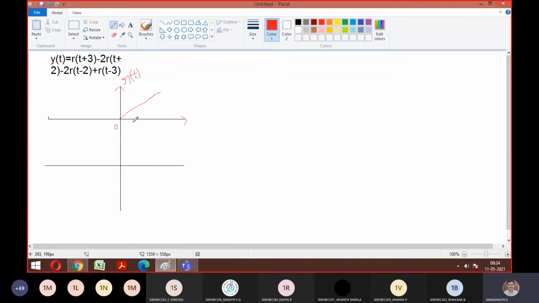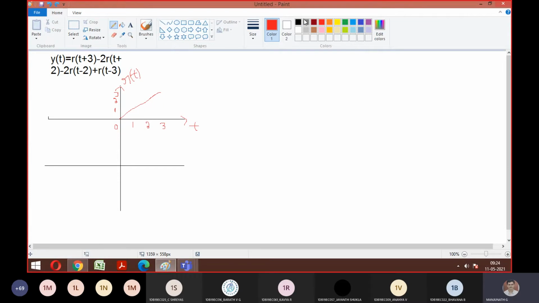With respect to time, the corresponding duration is equal to the corresponding amplitude. If it is 1, amplitude is 1. If it is 2 here, the corresponding amplitude is 2. If it is 3, the corresponding amplitude is 3. So you can mark the points for your reference.